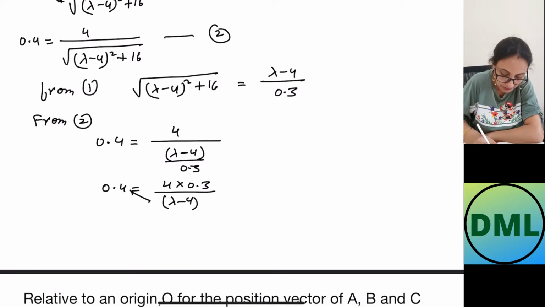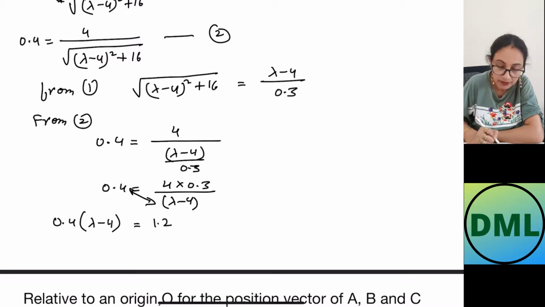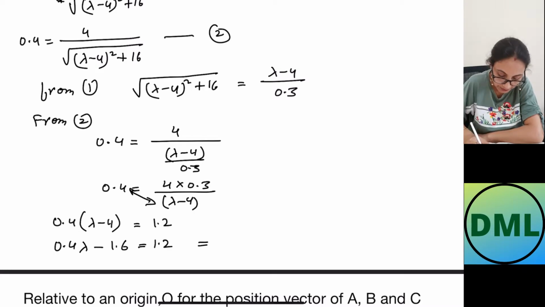So if you do cross multiplication on the left hand side, it will be 0.4 bracket lambda minus 4 equals 1.2. So if I open this, 0.4 lambda minus 0.4 multiplied by 4 is 1.6, that is equal to 1.2. If you solve it here, 0.4 lambda is equal to 1.2 plus 1.6.